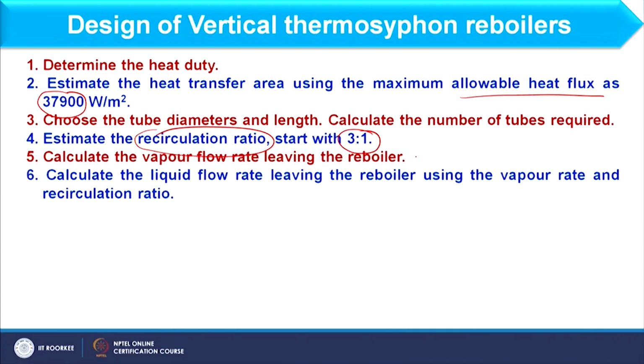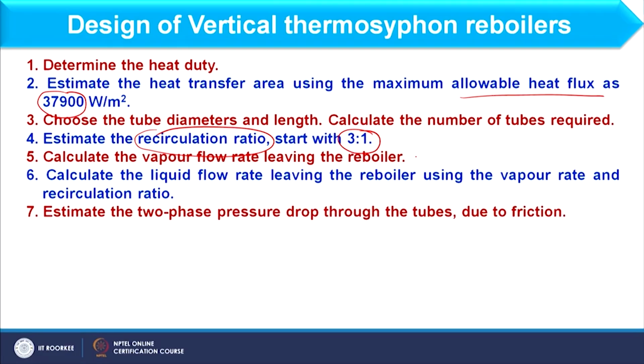Considering this, you can find out the liquid flow rate which is leaving the reboiler, and the liquid flow rate plus the vapor flow rate will give the total feed to the reboiler, right. So, in that way you can find out the vapor rate, liquid flow rate as well as the feed rate to the reboiler.